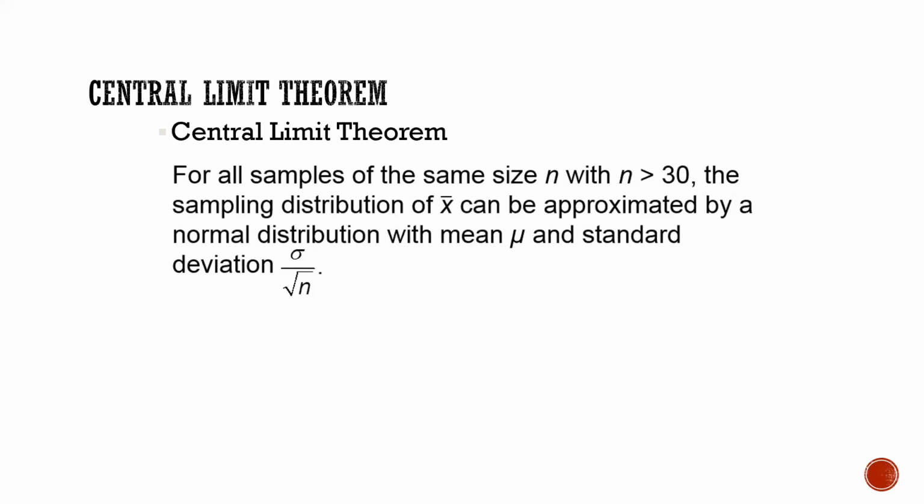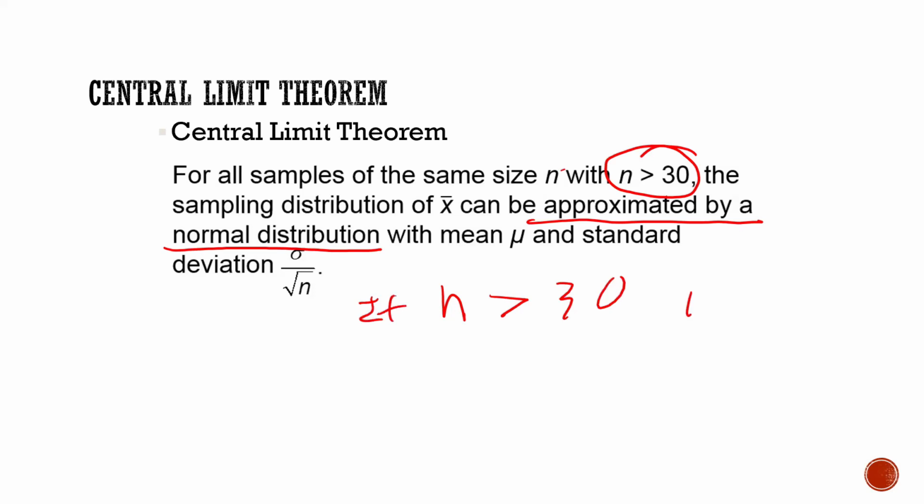If you have a sample size where n is greater than 30, the sampling distribution can be approximated by a normal distribution without significant errors. So what that means is if n is greater than 30, it's normal enough to say it's normal.